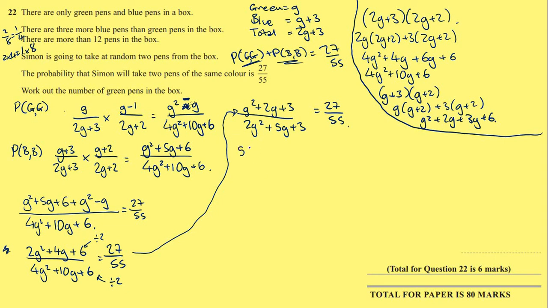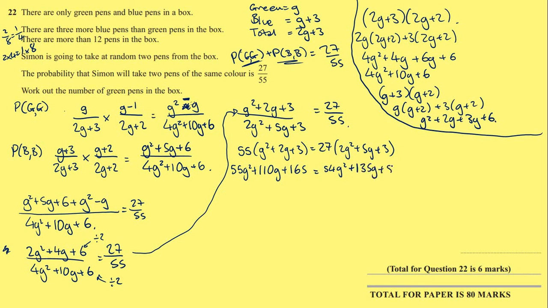So we get 55 lots of g squared plus 2g plus 3 is equal to 27 lots of 2g squared plus 5g plus 3. 55g squared plus 110g plus 165 is going to equal 54g squared plus, well, 27 times 10 is 270, halved is 135g, plus 81.